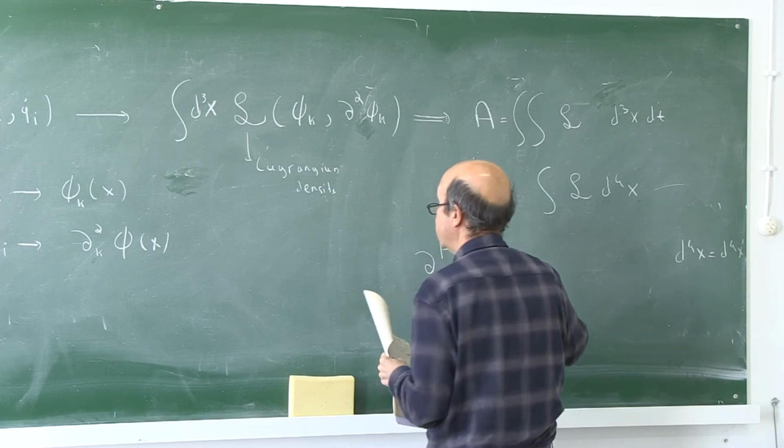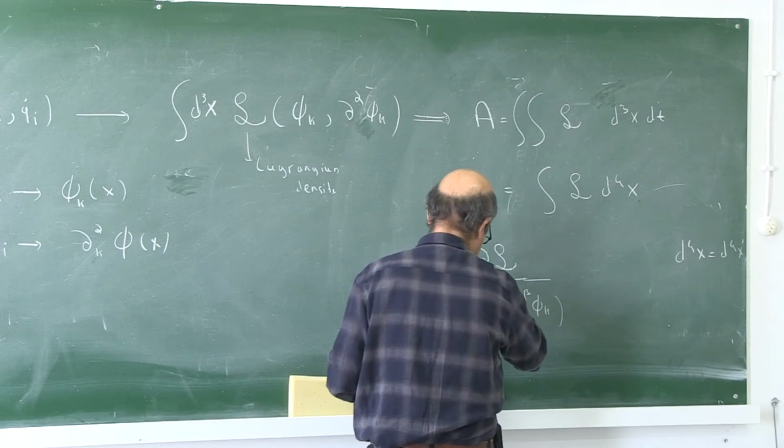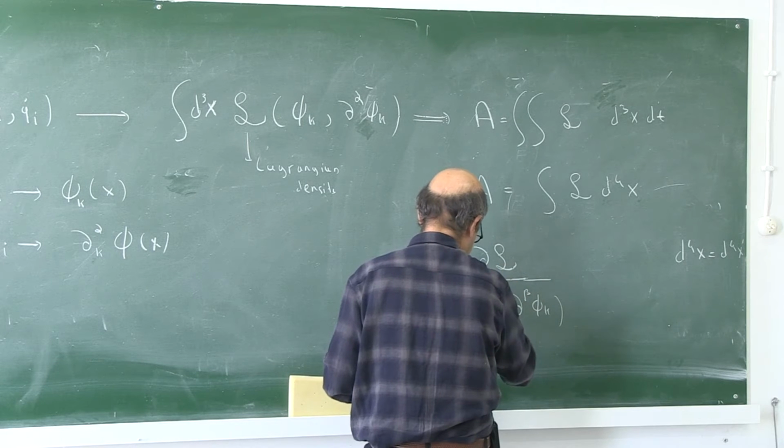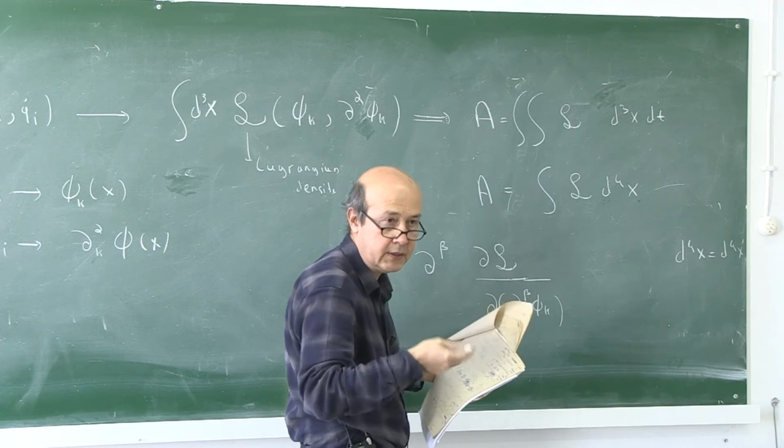So the Lagrangian density depends on the derivatives of the fields. This is the derivative of the Lagrangian density with respect to the derivative of the fields, like velocities, okay?